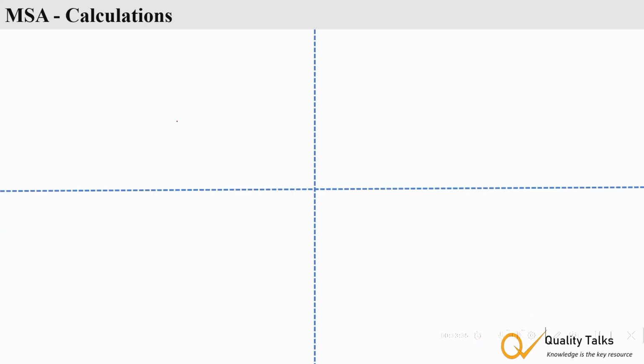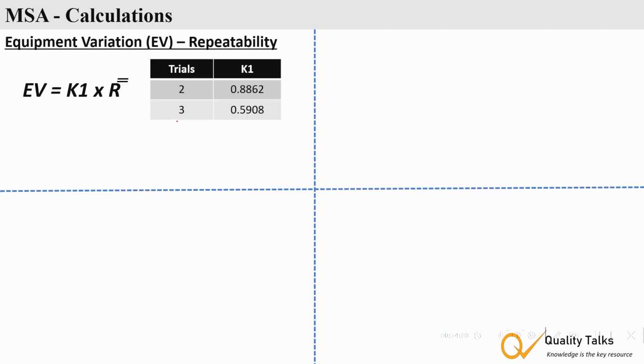Now we will calculate three key statistics: equipment variation repeatability, appraisal variation reproducibility and part variations actual part to part variation. Equipment variation repeatability. The formula is EV is equal to K1 R double bar, where K1 is a constant that depends on number of trials.